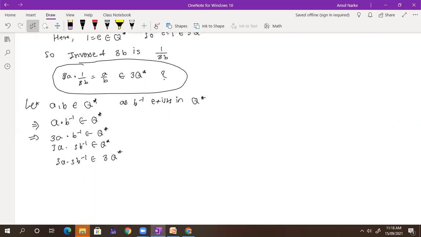Yes. So a into b inverse belongs to 3q star, which implies a divided by b also belongs to 3q star.